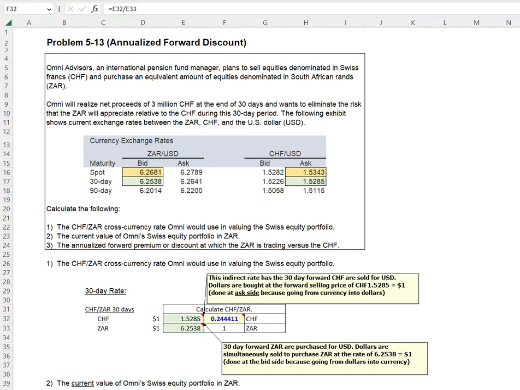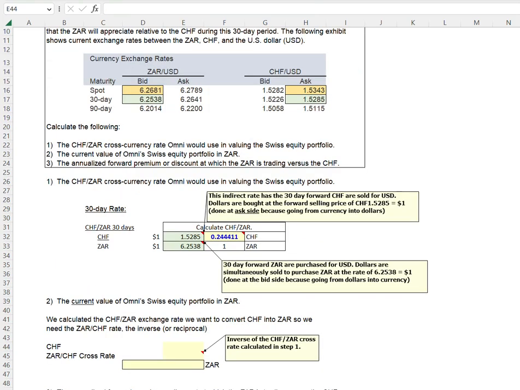We're next asked to calculate the current value of Omni's Swiss equity portfolio in South African rand using our 30-day forward cross rate. In part 1, we calculated the Swiss franc to South African rand exchange rate.